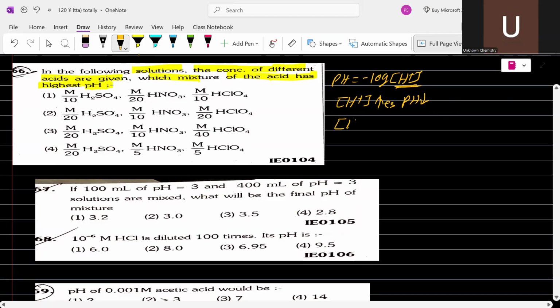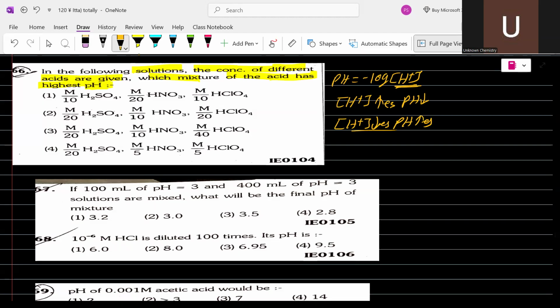That means if H plus ion concentration decreases, pH increases. This is the concept you have to apply. So basically we have to see for which solution the H plus ion concentration is least.